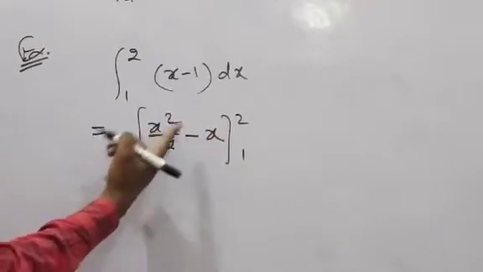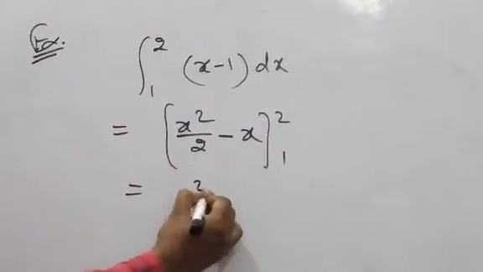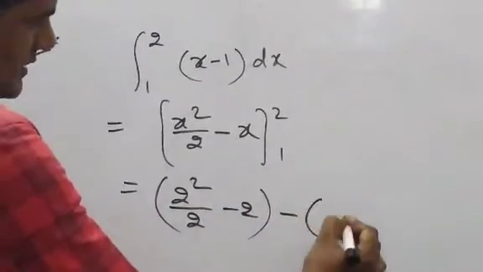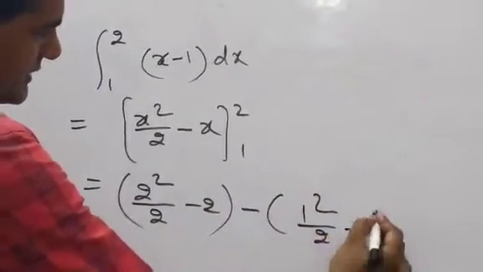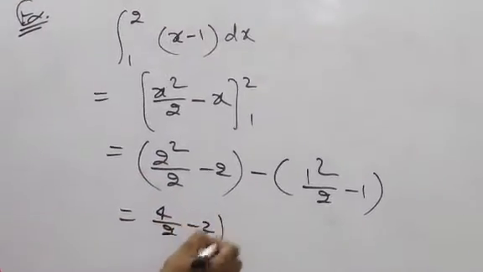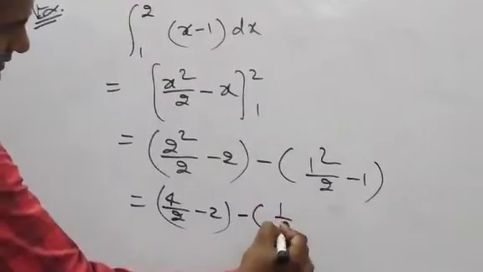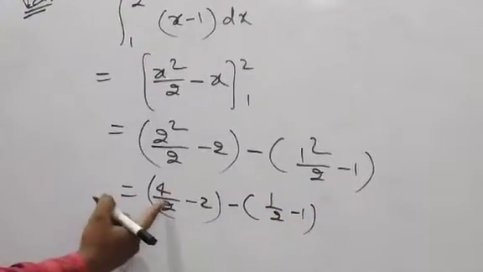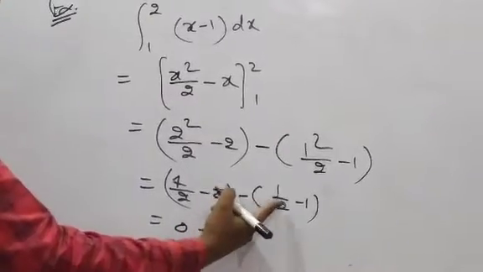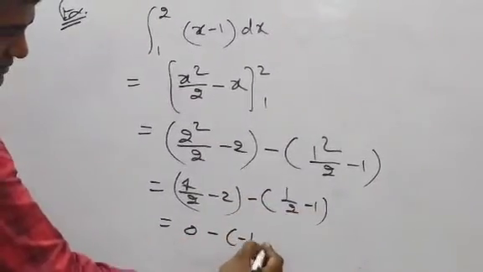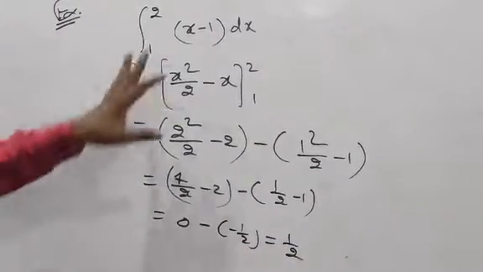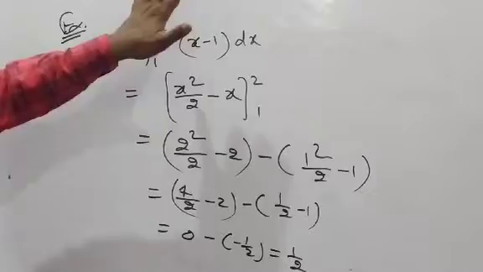Now in the place of x we put 2 square by 2 minus 2 here, and 1 square by 2 minus 1 here. 2 square is 4, by 2 minus 2, and here 1 by 2 minus 1. 4 by 2 is 2, minus 2 is 0, and here 1 by 2 minus 1 means minus 1 by 2, which is equal to 1 by 2 after the sign. Clear? This is the value of the integration of this function, this question.